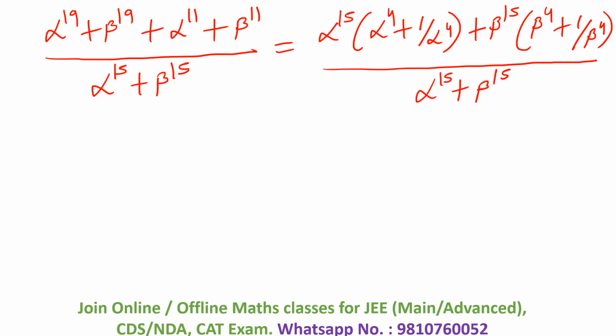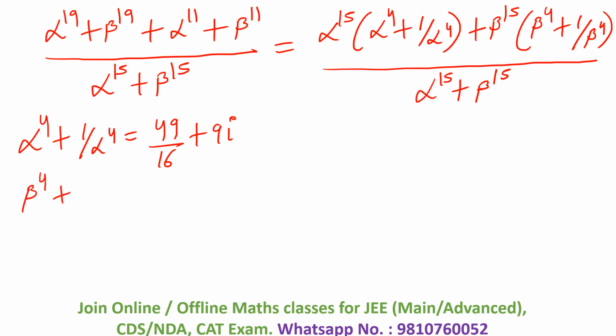Now students, we have just got the value of alpha to the power 4 plus 1 upon alpha to the power 4 as 49 upon 16 plus 9 iota. Since alpha and beta both are the roots of the original equation, doing the same process for beta, you will get the value of beta to the power 4 plus 1 upon beta to the power 4 same as 49 upon 16 plus 9 iota.